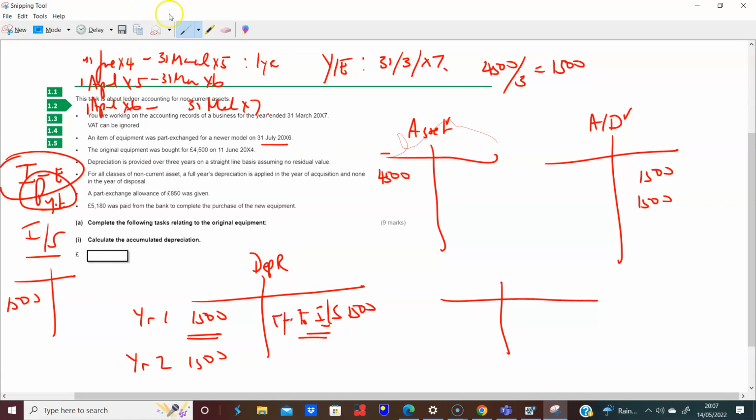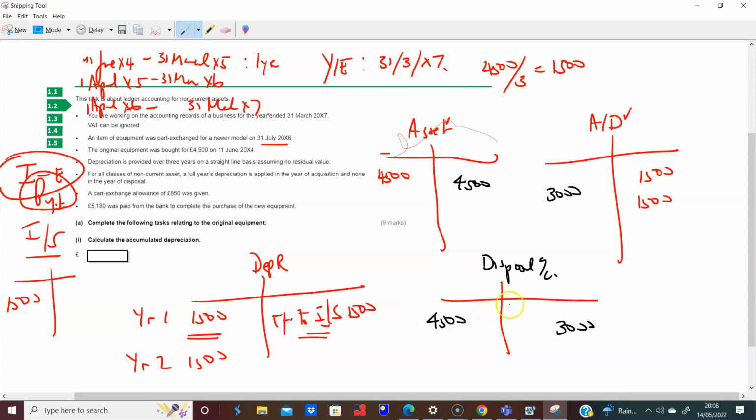Right, let me change my pen color and move to the disposal. What you should create is a disposal account to journal this out of the accounts. So credit the asset account, debit the disposal account; credit the accumulated depreciation account, debit the disposal account. Technically this asset is worth 1,500.